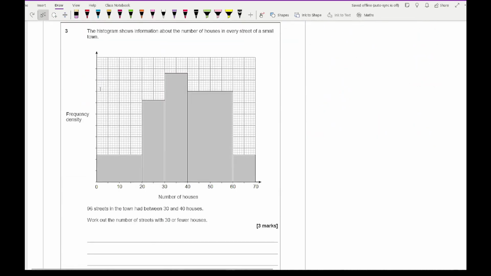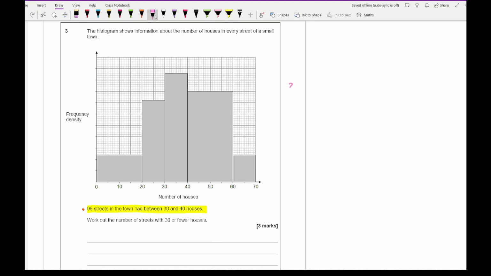Moving on to question 3, it says the histogram shows information about the number of houses in every street in a small town. 96 streets in the town had between 30 and 40 houses. Work out the number of streets with 30 or fewer houses. So again, identifying the information that we know, which is 96 streets are in 30 to 40.